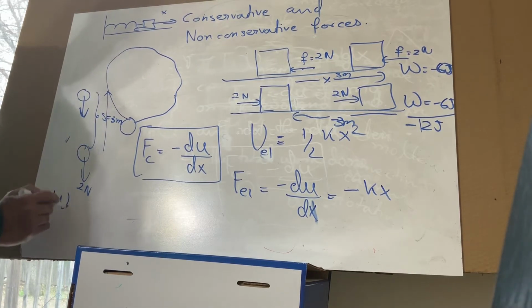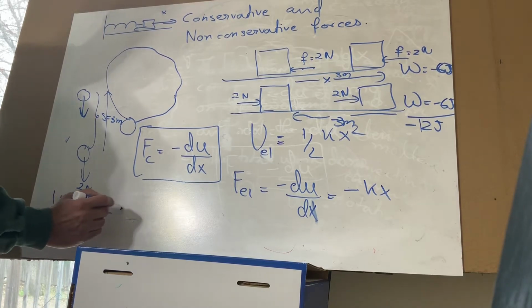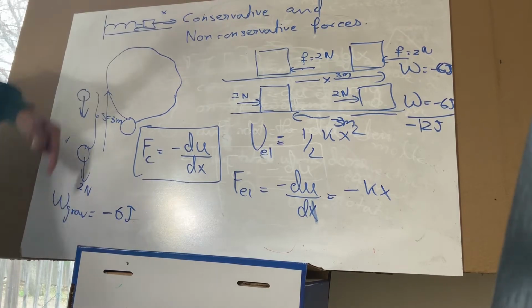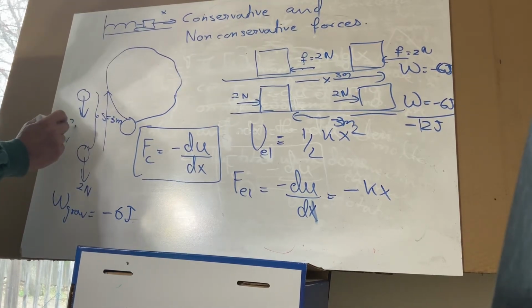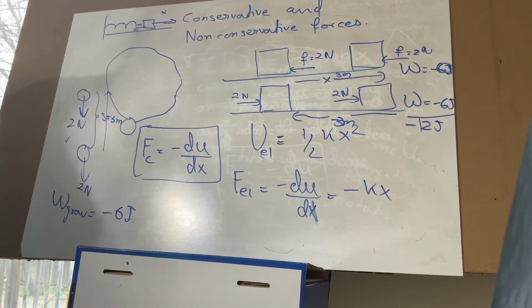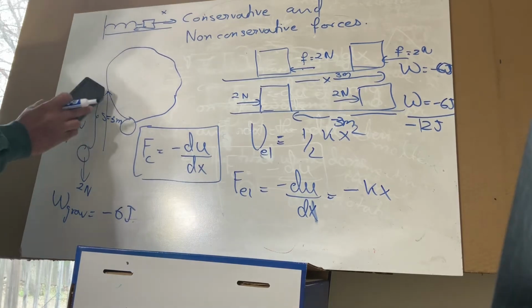So the work done by gravity in going up is minus 6 joules, because the force of 2 newtons is opposite to the displacement. Now what happens when it falls back to its original position? What is the work done?